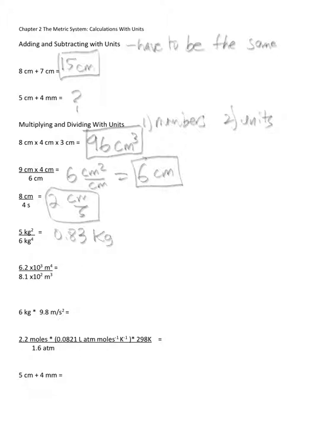We'll retain the units of kilograms because they don't exactly cancel. And since we have exponents, we're doing a division, we want to subtract those exponents. 2 minus 4 is negative 2, so the correct answer is 0.83 kilograms to the minus 2.